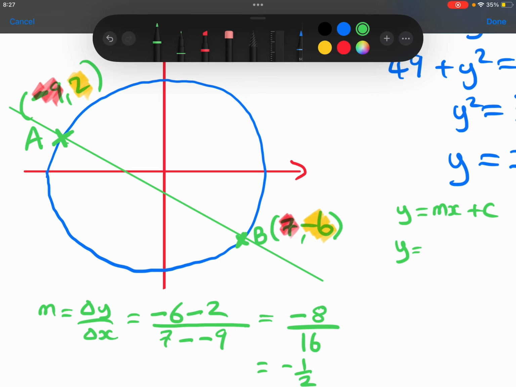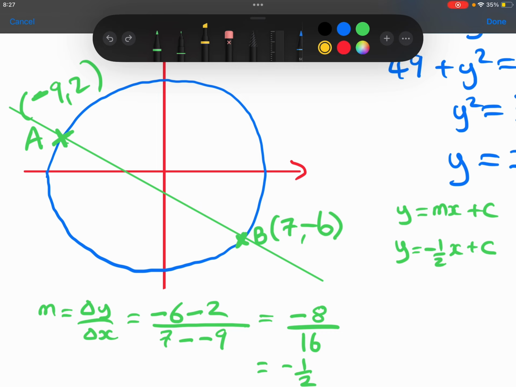So we can say that y equals minus 1/2 x plus c. To work out our y-intercept, we can use either of our coordinates. I'm going to use this coordinate here.